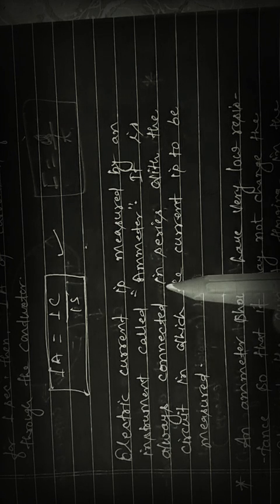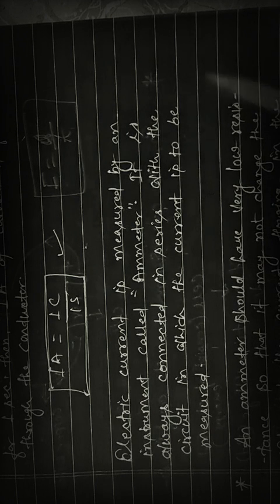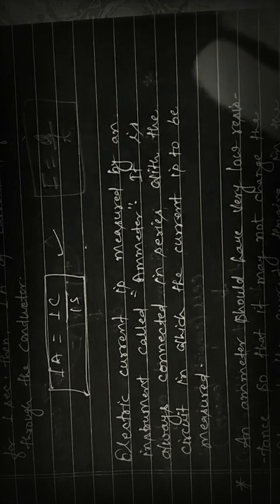So electric current is measured by an ammeter, which is always connected in series, while voltage or potential difference is measured by a voltmeter, which is always connected in parallel. These things are very, very important. Whatever I am saying, try to learn line by line and try to understand also.